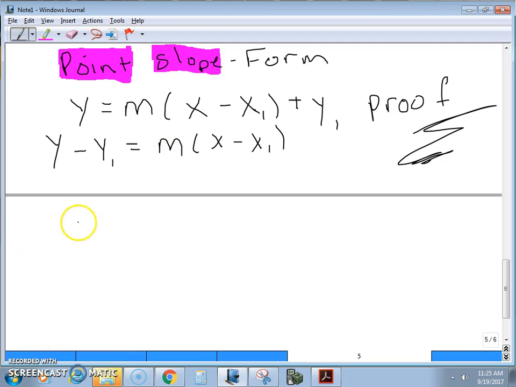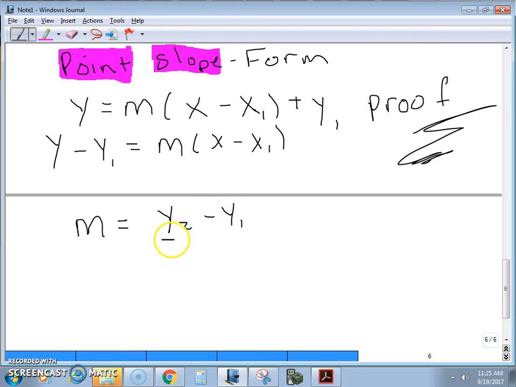We just learned our slope formula is m equals y2 minus y1 over x2 minus x1. Now, if I want to solve this for y2, I want to get y2 by itself, the first thing I'm going to do is multiply both sides by the denominator, which is x2 minus x1.